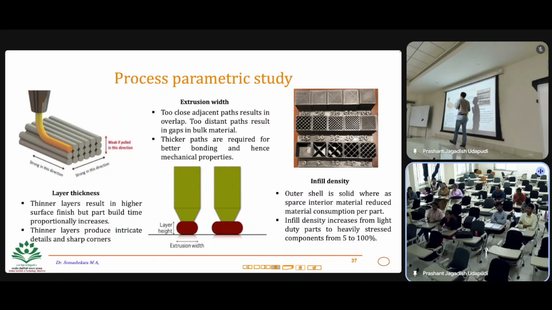But what are the properties when you compare the x and y versus the z direction? Are they uniform in terms of properties, or what is the variation between x and y and the z direction? Also, when you print, what kind of infill pattern do you use? Nowadays a lot of people are exploring how to reduce the material.